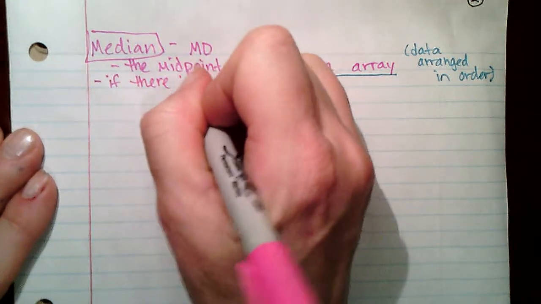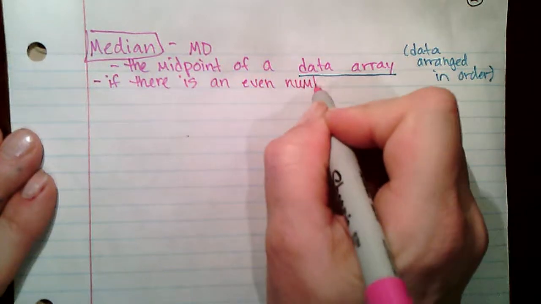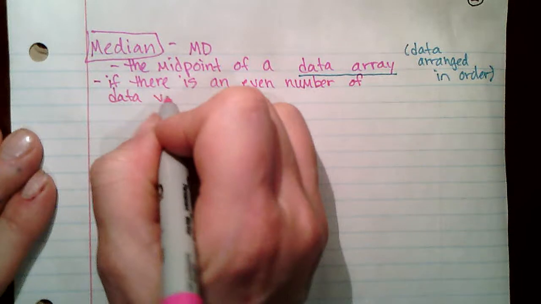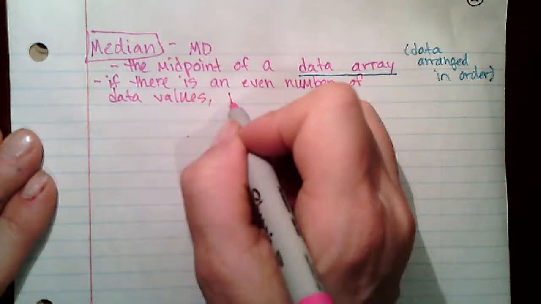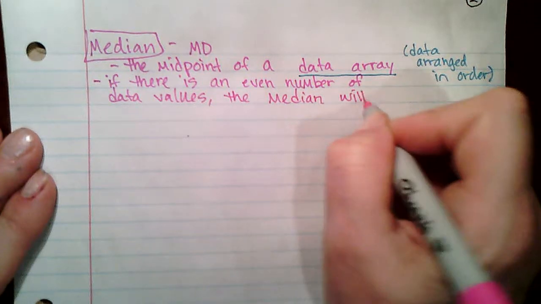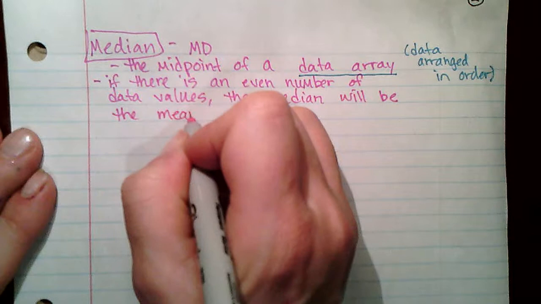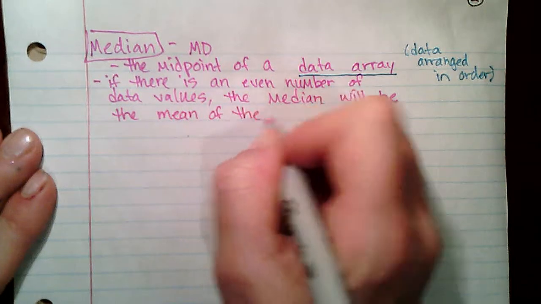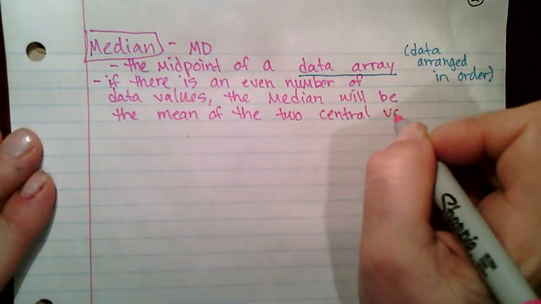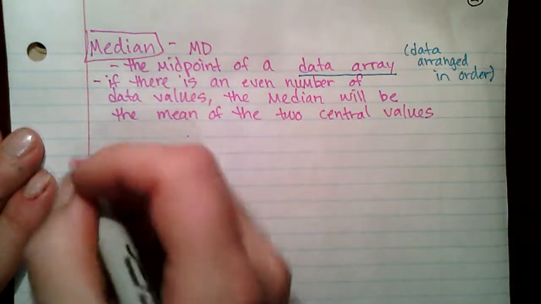So if there is an even number of data values, then the median will actually be the mean of the two central values. You're probably familiar with those rules.